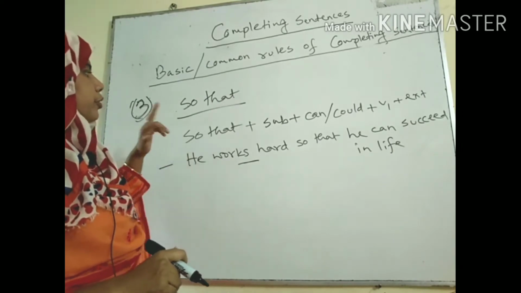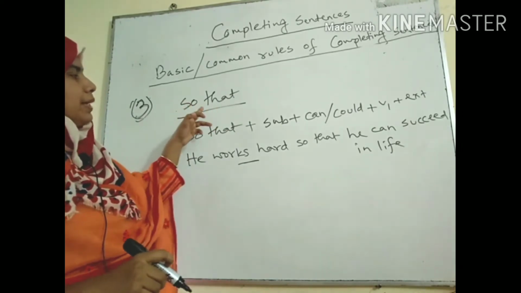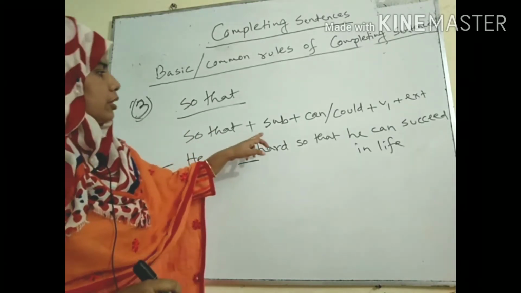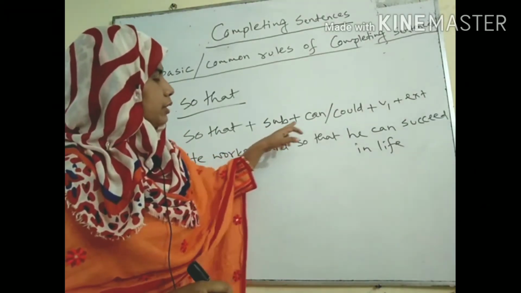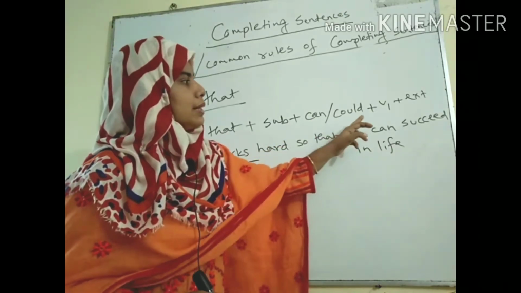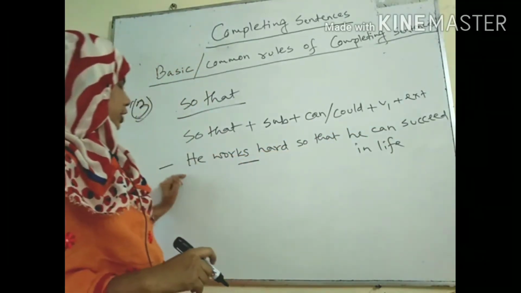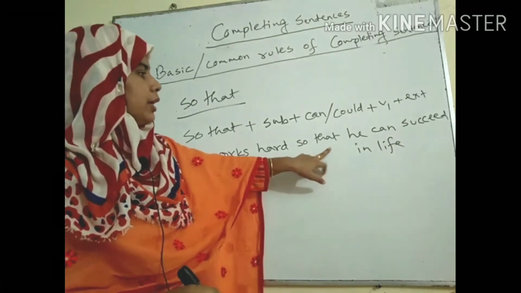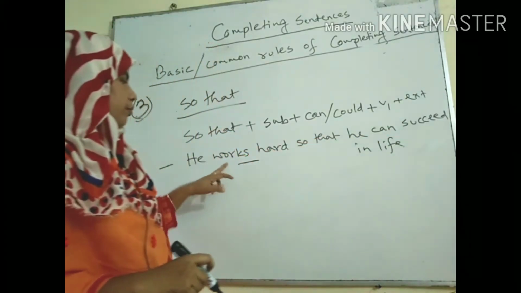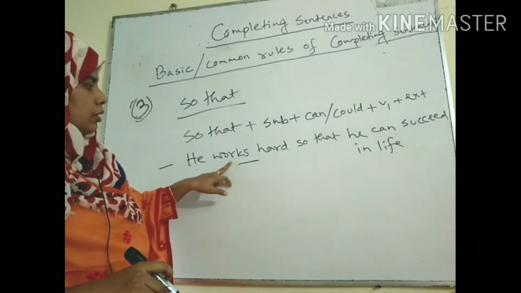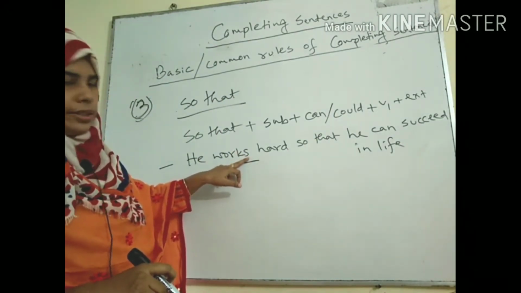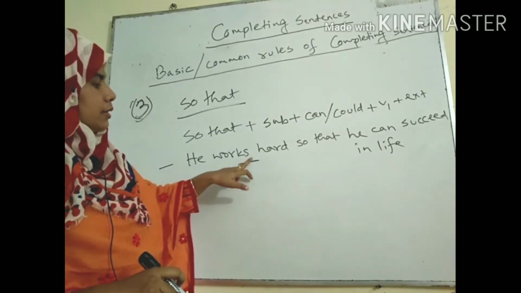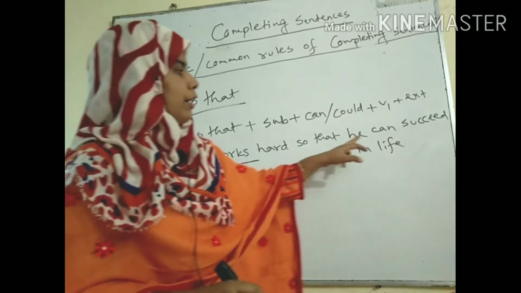Then rule 3, so that. So that means in order that. After so that, we will use subject plus can or could plus V1 plus extension. Look at the example. He works hard so that he can succeed in life. If the first clause is in present tense, like works, as it is in the present tense, we have used can.